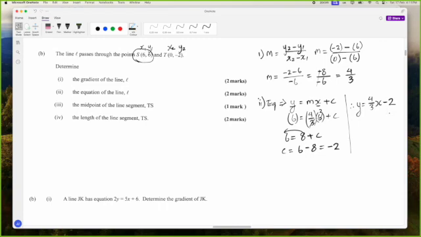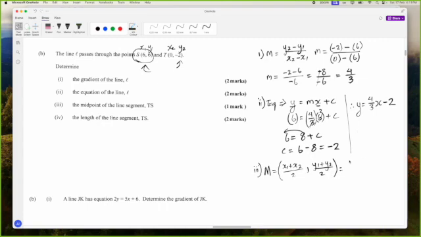Now we want the midpoint. So I'll do the midpoint here, and I'll do the length here. So number 3, the midpoint M is just a formula: x1 plus x2 over 2, comma, y1 plus y2 over 2. Let me just use the same x1 and y1 here.